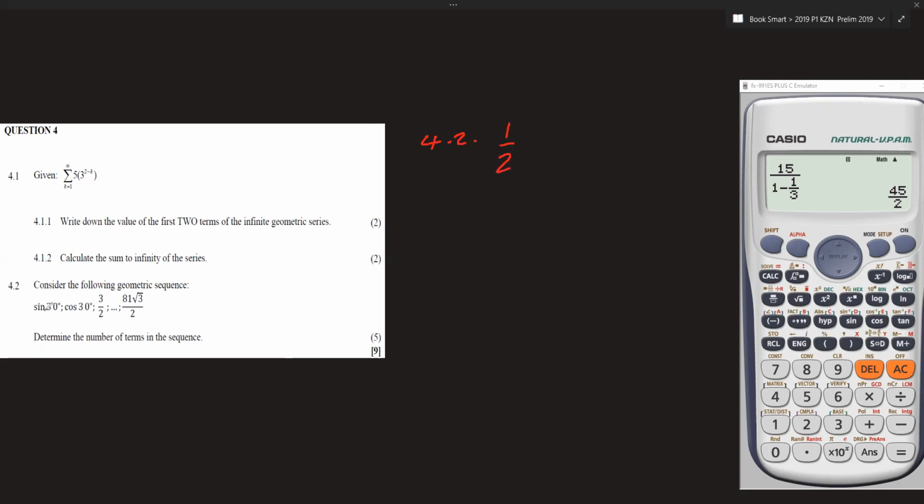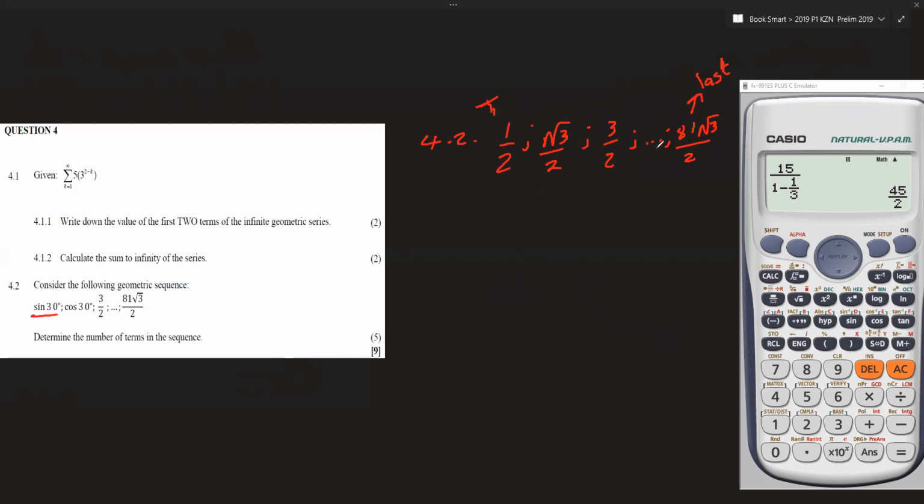If you're not sure, you can always press sine 30 on the calculator, and it will give you half. And then cos 30 is root 3 over 2, which you can also get on a calculator. And then we have 3 over 2. And then we have 81 over root 3 over 2. This is the first term, T1. Then this one is the last term.